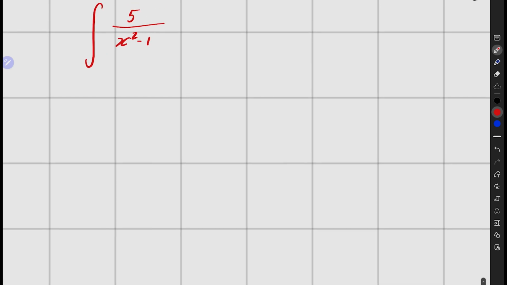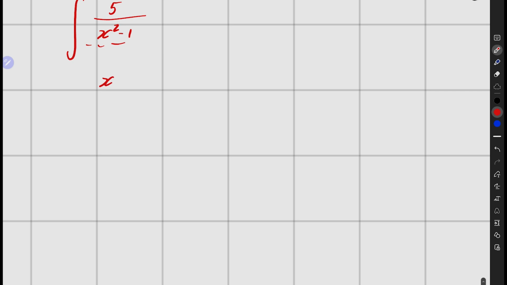I want you to recognize that the denominator can be split, by using the difference of 2 squares, into 2 different products that are equivalent. So let's do that. Again, we're going to take the denominator out, x squared minus 1, going to be equal to x plus 1, x minus 1.